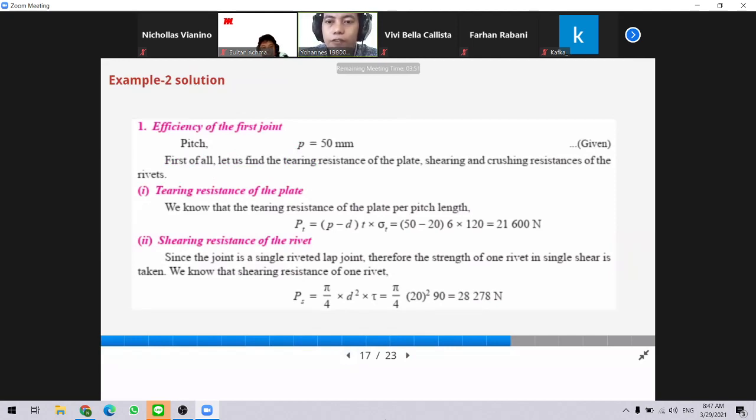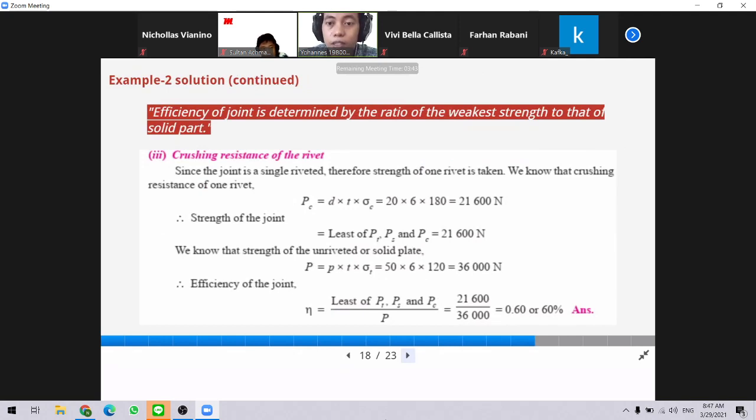Here we have 21 kilonewton, 28 kilonewton, and here we have 21 kilonewton. So the minimum is 21 kilonewton.